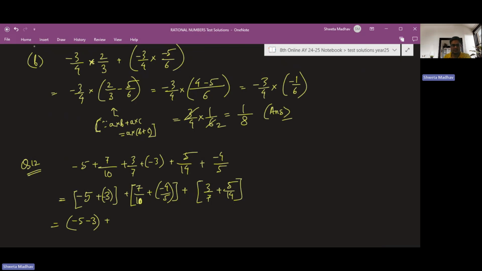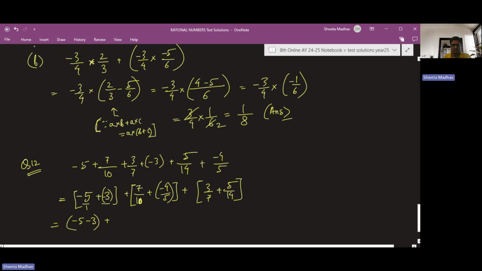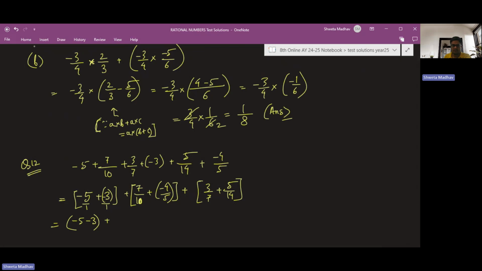And here also, since no denominator is there, it means the denominator is 1. So the common factor is 1 only. So in each of these groups, a common factor is there. So these types of groupings, if we form, will make our calculation easier.